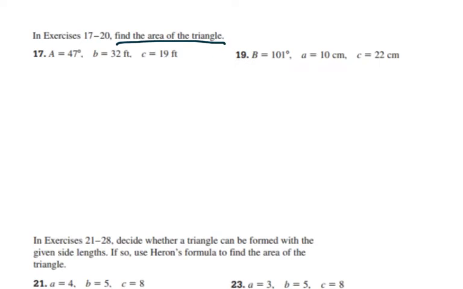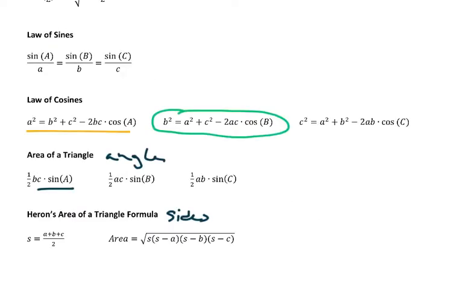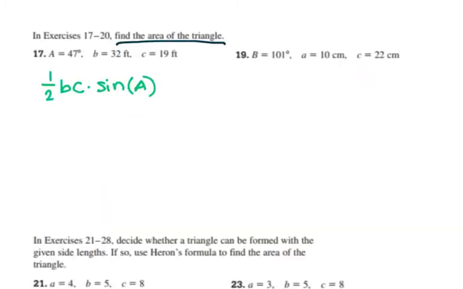Let's double check I wrote that down right. Okay. So, plugging that in, we've got a half times 32 times 19 times sine of 47.